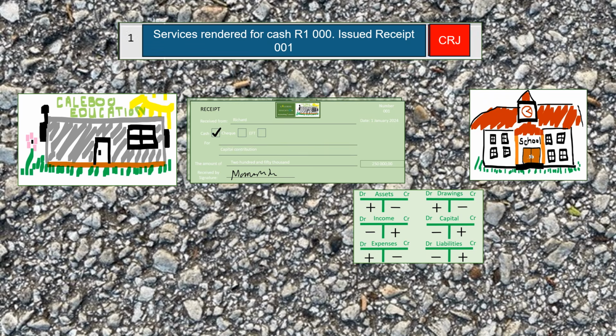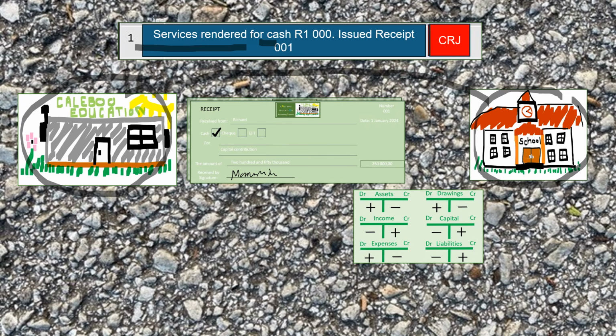If we look at this example here, services rendered: Calibu Education, whose books we're keeping, rendered a service to the school, but it was for cash. The school pays Calibu Education for the services rendered.